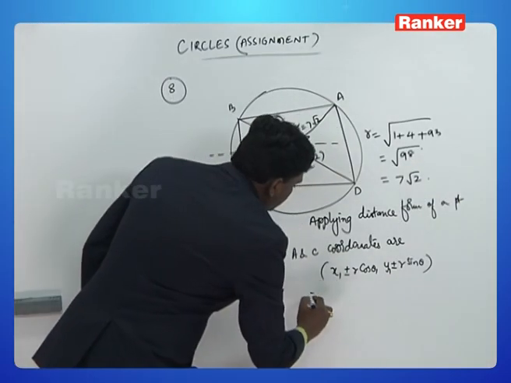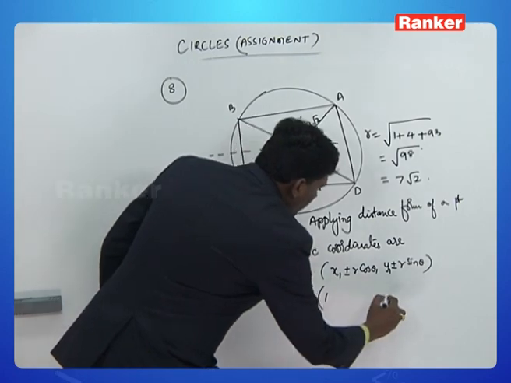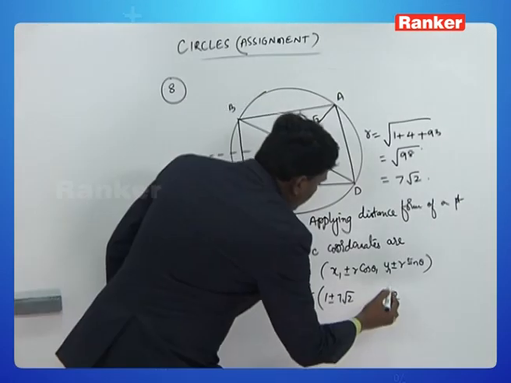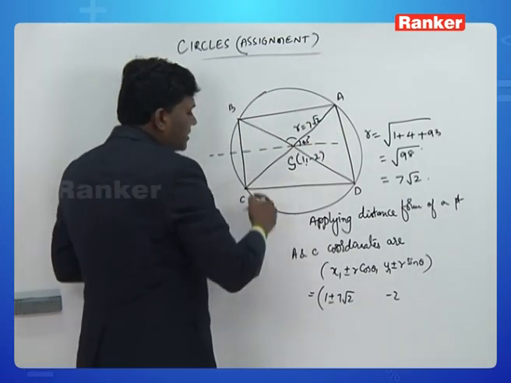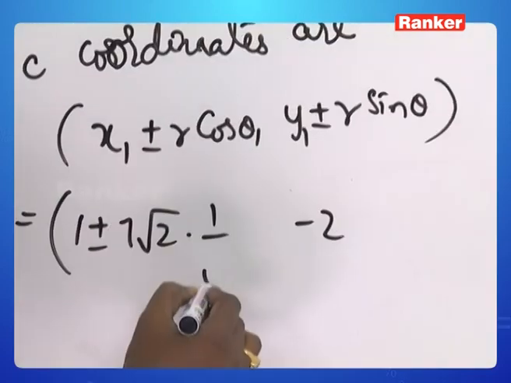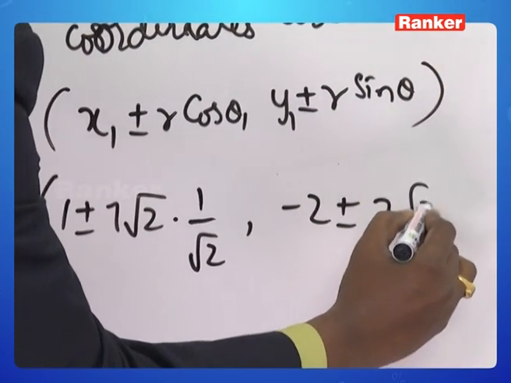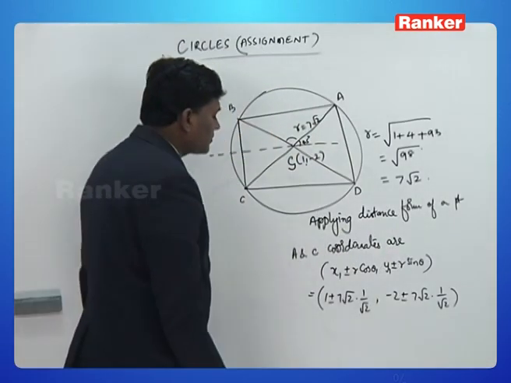Applying this result, here x1, y1 are 1, -2, plus or minus r is 7 root 2. Cos theta for these 2 points is cos 45, 1 by root 2. Here 7 root 2 into sin 45, also 1 by root 2.